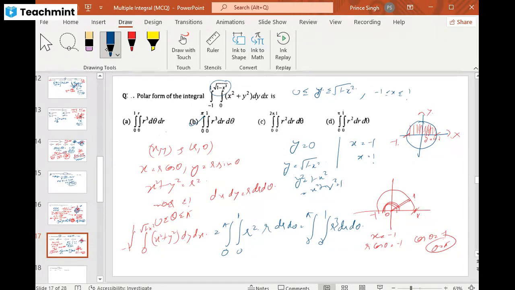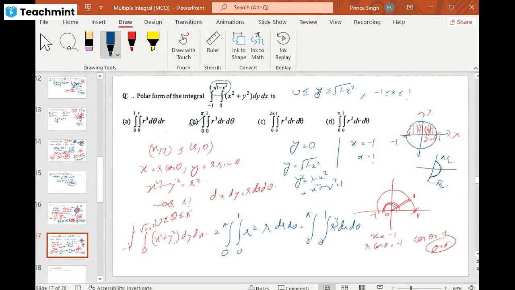And if the value of x is positive and y is negative, again it is a semicircle, but in that case the value of theta varies from minus pi by 2 to pi by 2. If we have a semicircle in this way, then the value of theta varies from minus pi by 2 to pi by 2. Okay.